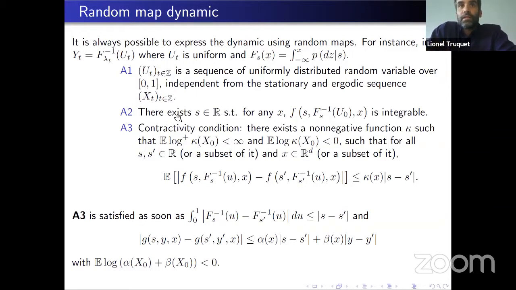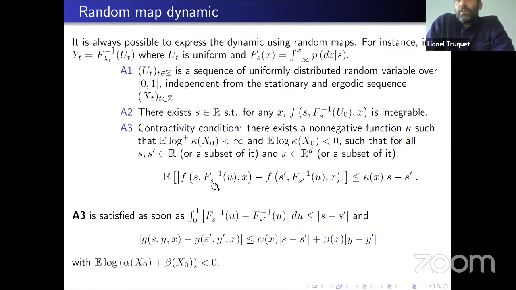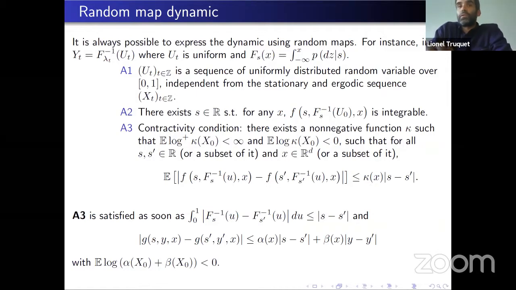And using some assumptions of integrability, you have this important assumption, which is A3. We have a random map that defines the dynamic of the lambda process, which is given here. And I suppose that I have a contraction with respect to the value of the latent point, a Lipschitz condition, with a Lipschitz constant called kappa, but kappa is a function of the environment.